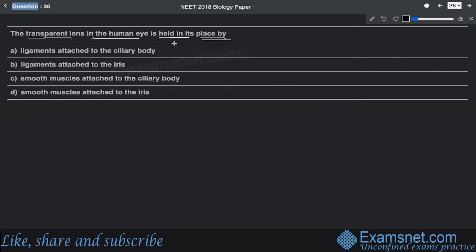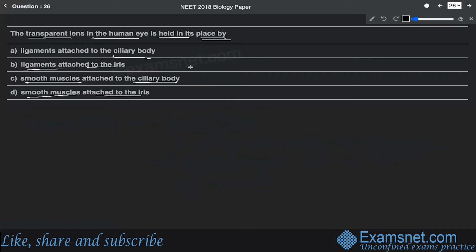The options are: ligaments attached to the ciliary body, ligaments attached to the iris, smooth muscles attached to the ciliary body, and smooth muscles attached to the iris. Again, this question is from the chapter of neural control and coordination, and that too from the organ part, the human eye.